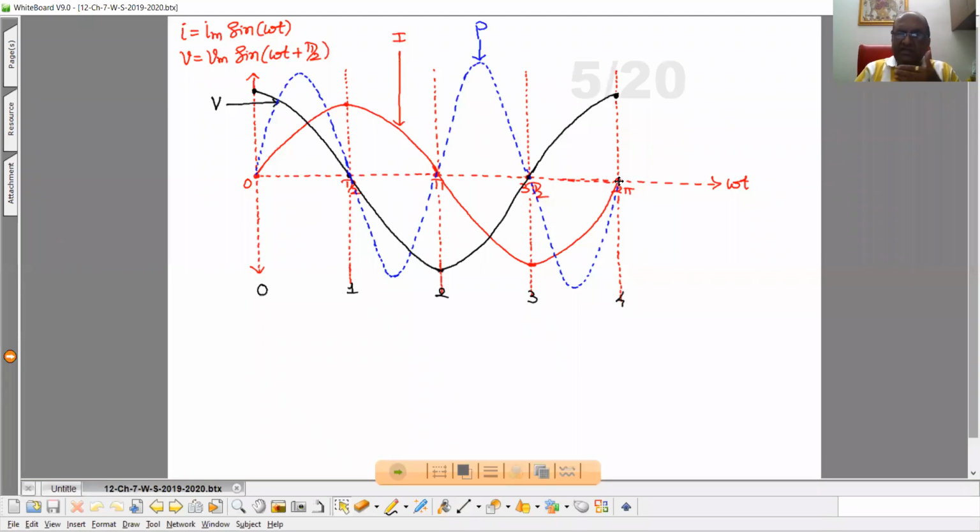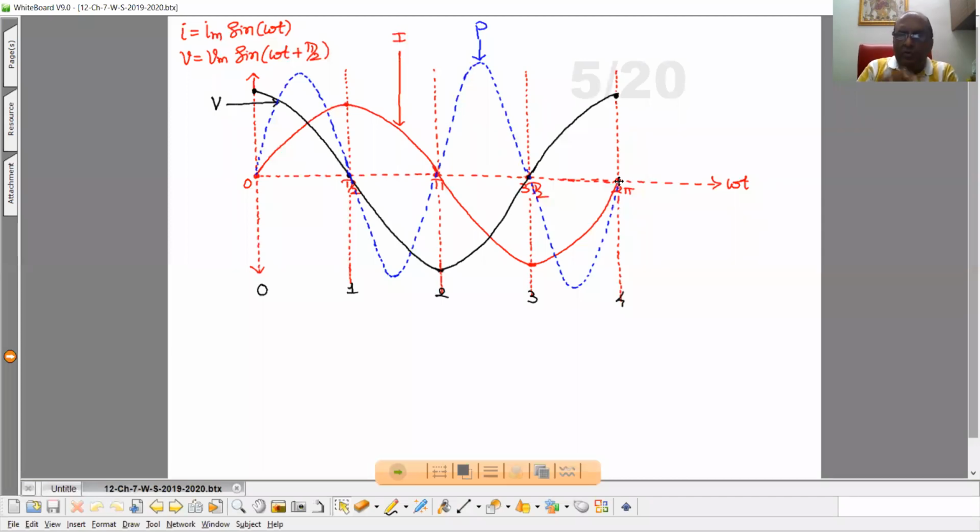Clear? So in this way, during this entire cycle, 0 to capital T time, the magnetization and demagnetization of the inductor continue.